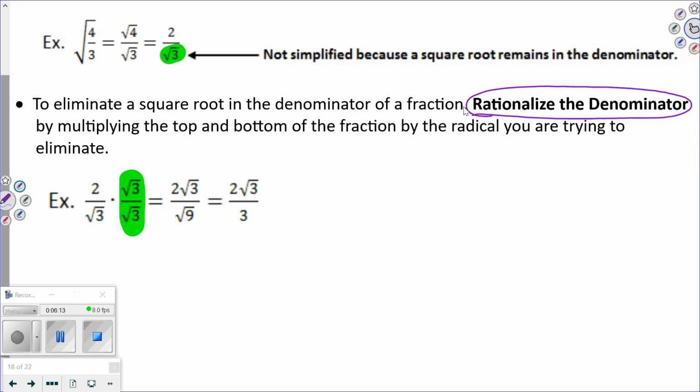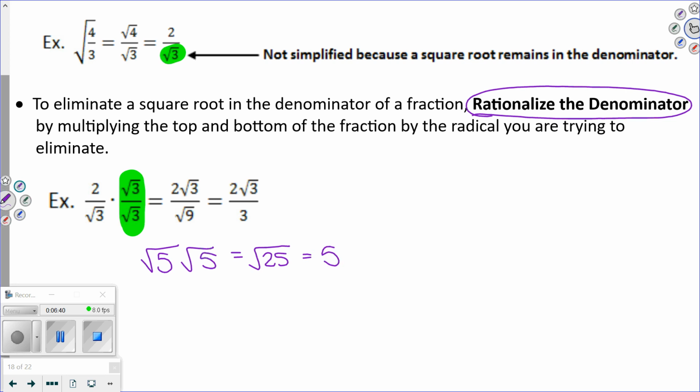Okay? Now, me being a lazy mathematician, I go through these steps with you guys so many times, and then I get irritated that I have to keep writing things. So let me kind of throw something out here for you guys. If I have radical 5 times radical 5, what do I get? I get radical 25. The radical's still there because I haven't taken the square root of anything. And then the square root of 25 is 5.